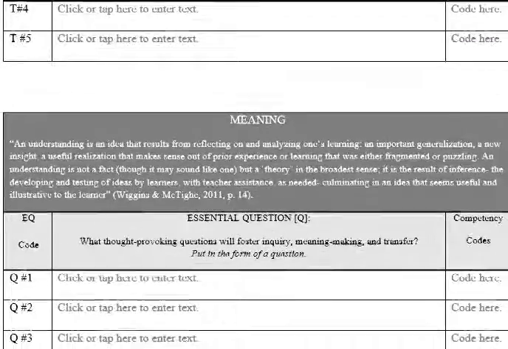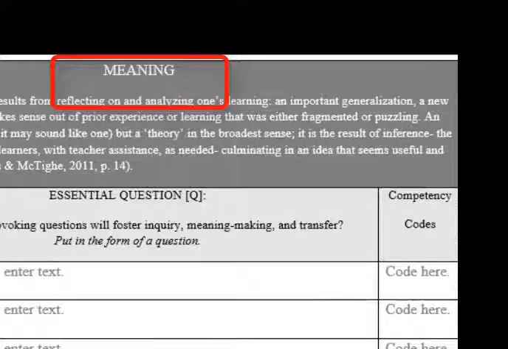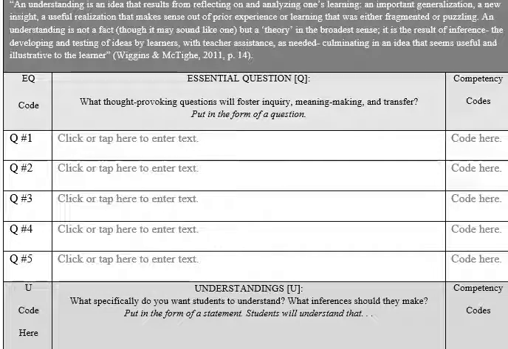The next section is what we refer to as meaning. This really gets into the understandings, the ideas that you want students to be able to reflect on, the connections that you want students to make. And under this section, you will have two subsections: essential questions and understandings.